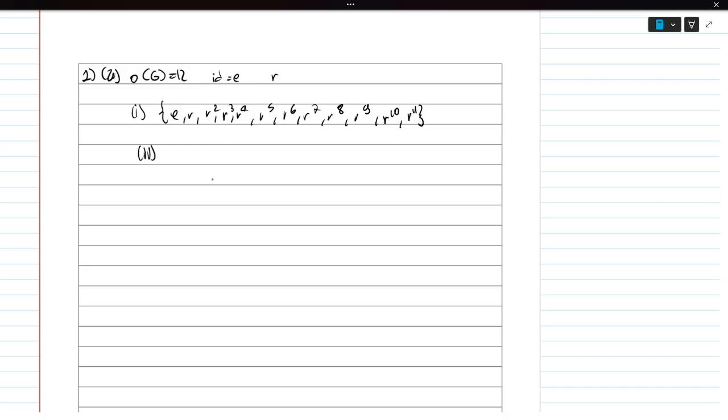Explain briefly why there is no proper subgroup of G in which two of the elements are E and R. Which two of the elements? I mean, surely.